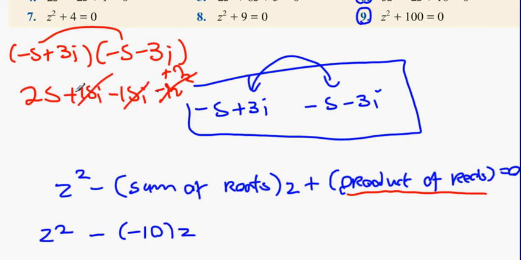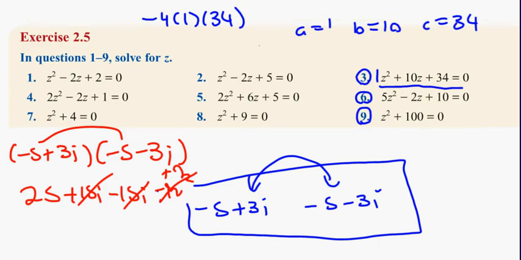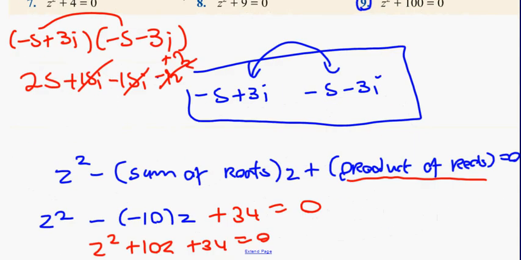The 15i's cancel. 25 plus 9 is 34. So plus 34 at the end. And we can see that the minus minus 10 turns out to be plus 10z plus 34 equals 0. And that's the initial equation. So I'm just showing you how to go backwards, if you need to do that.